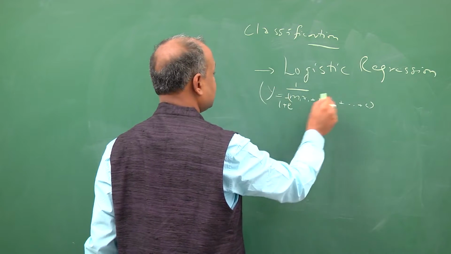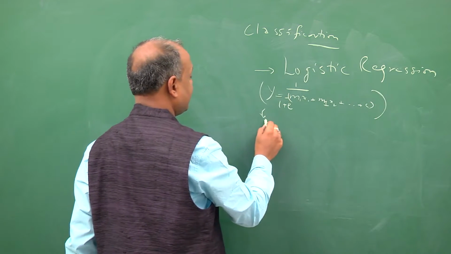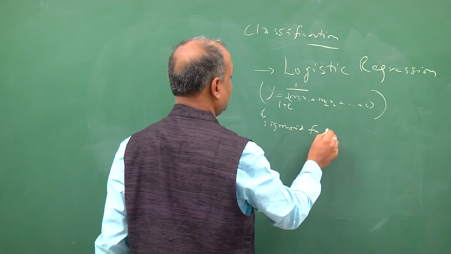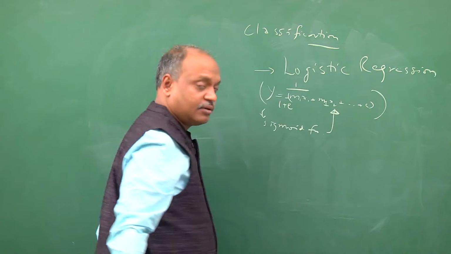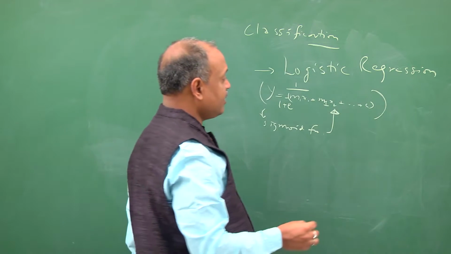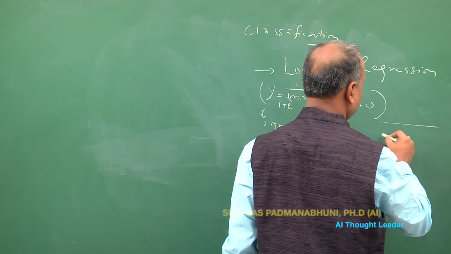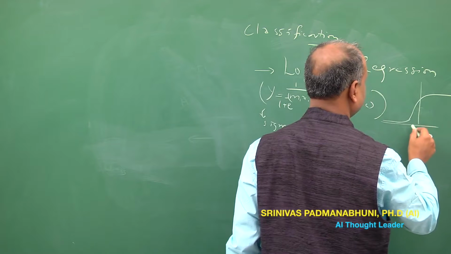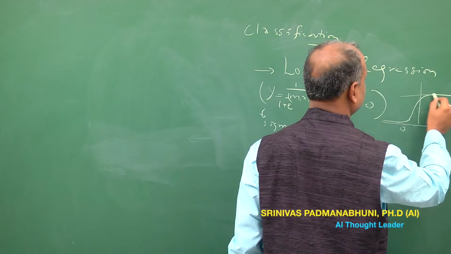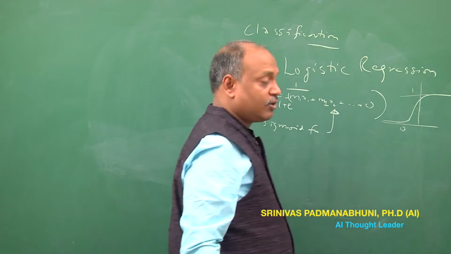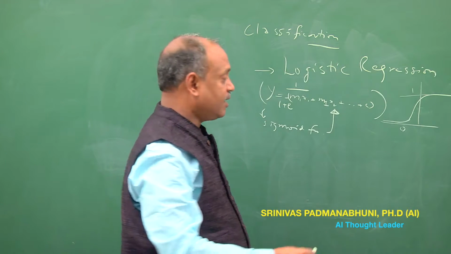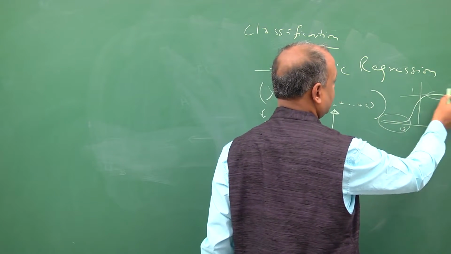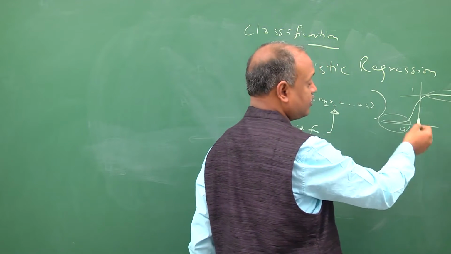The idea is we use something like a sigmoid function applied to a linear equation, and we try to derive a curve between 0 and 1, a curve which goes like this, so that the majority of the data either falls here, or you can approximate it to either 1 or 0.